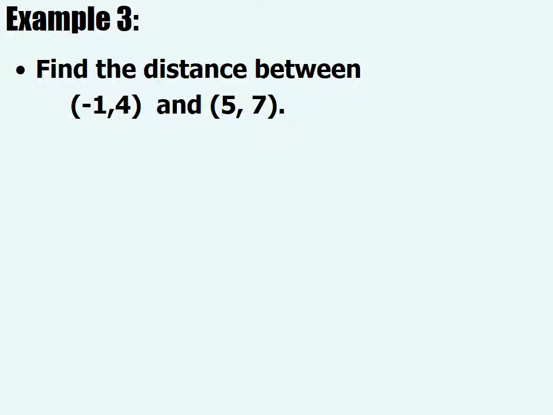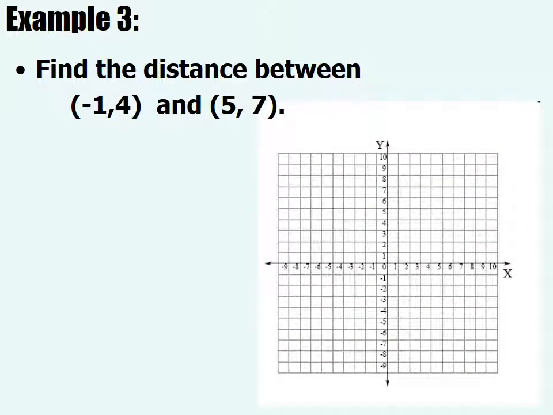Example 3. Find the distance between the points (-1, 4) and (5, 7) right here. Let's go ahead and count the bottom: 1, 2, 3, 4, 5, 6. And this right side, this other leg, would be 3.